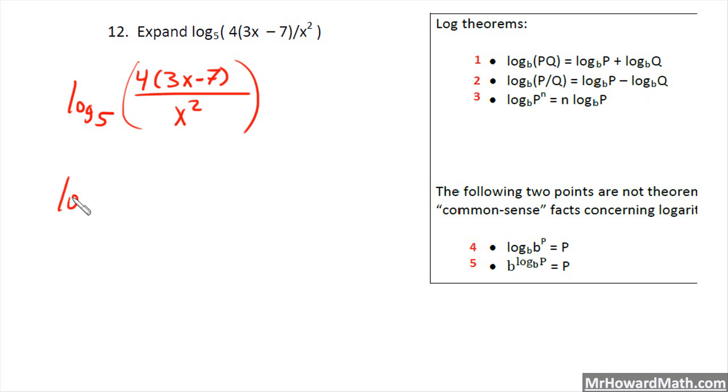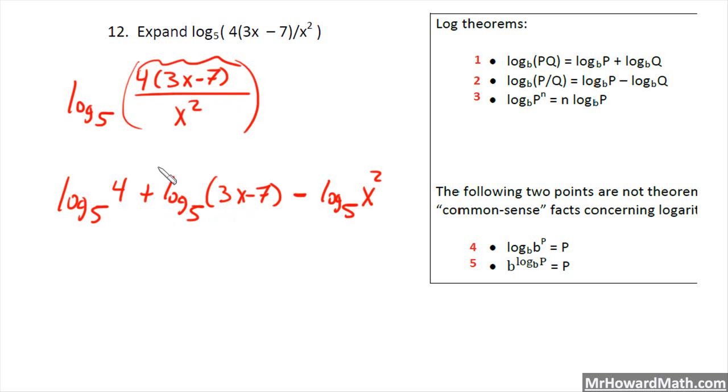So log base 5 of 4 plus log base 5 of the quantity 3x minus 7 minus log base 5 of x squared. So that's what we've done so far. We split this multiplication into this addition here, and this division became this subtraction here.